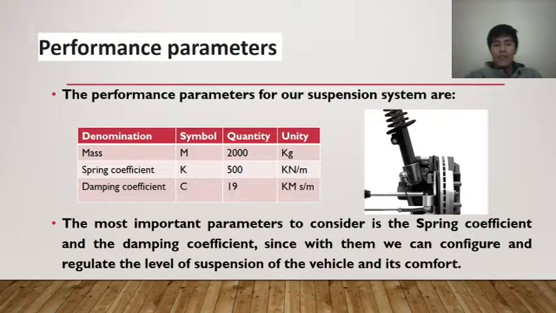When you need to change the suspension oscillation, you need to change the spring and damping coefficients for more comfortable and easier driving of the vehicle. The damping coefficient and spring coefficient are the most important.